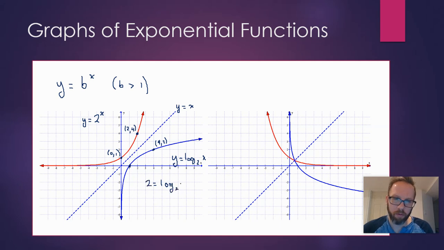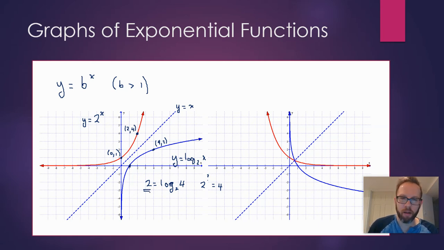Log base 2 of 4. That's a funny looking g. What this expression means, log base 2 of 4, is: for a base of 2, what exponent do you need to get 4? Well, obviously we know 2 squared gives us 4. So that's why we get a y value of 2.